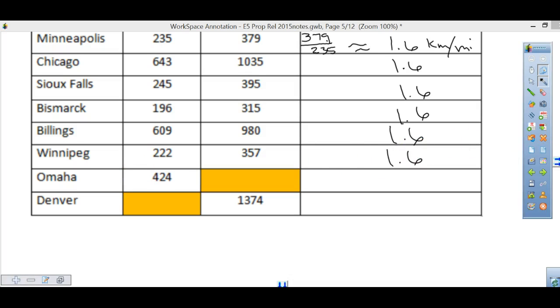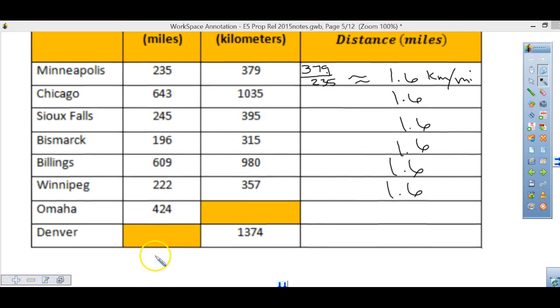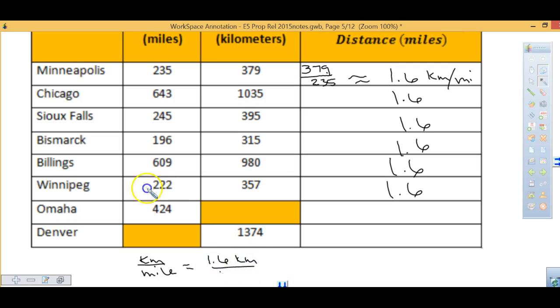And what you should be noticing is that in this case, remember we were looking at always kilometers per mile. And what we found was that it was 1.6 kilometers per 1 mile. So if I know the miles, just like yesterday, in our proportion, I'm going to put 424 down here.